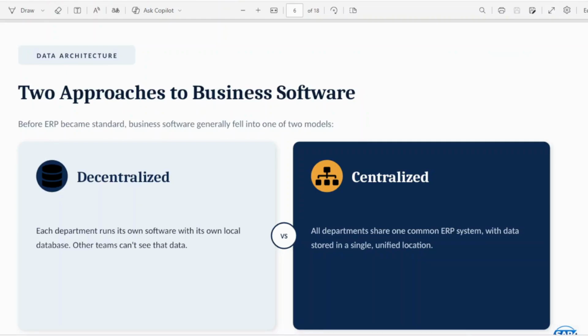Centralized means all departments share one common ERP system with data stored in a single unified location. When data is already available in a single source for all departments, they don't need integration. They can access any department's data very easily. This is the actual approach of ERP.